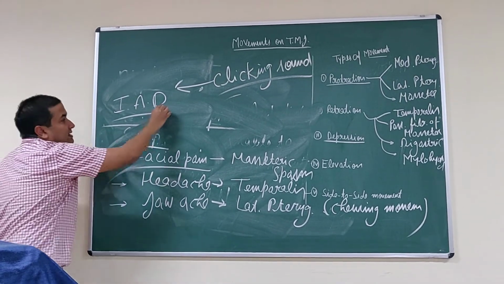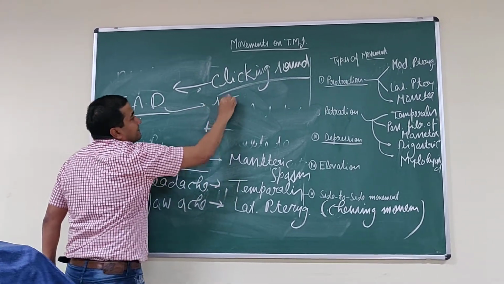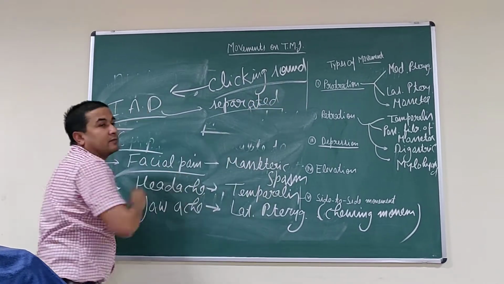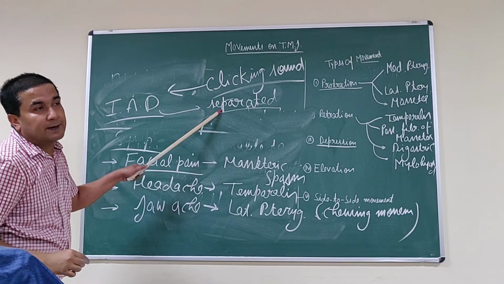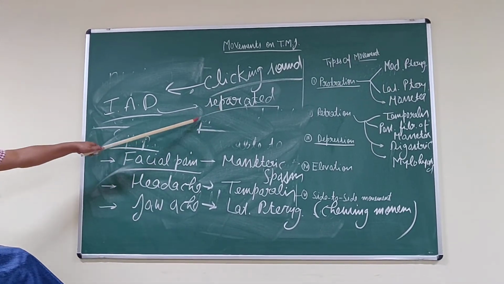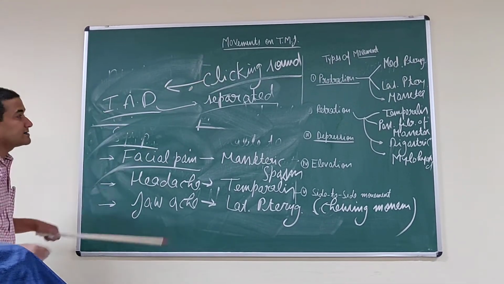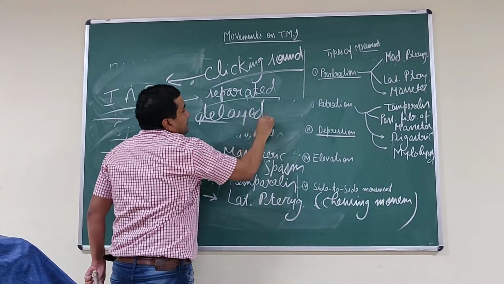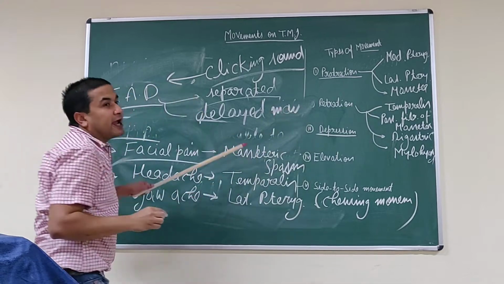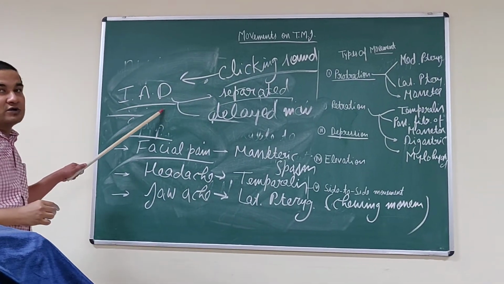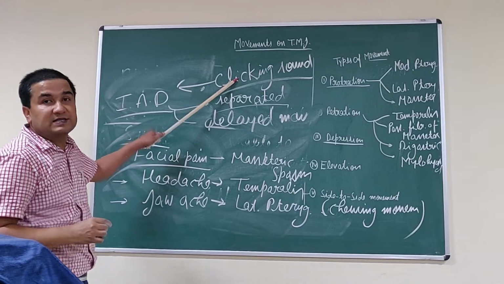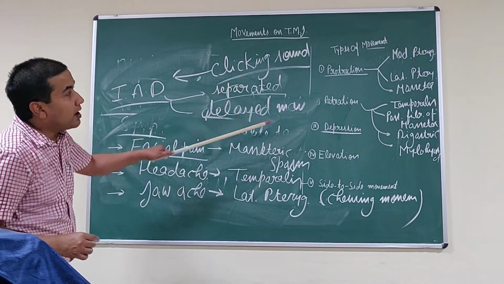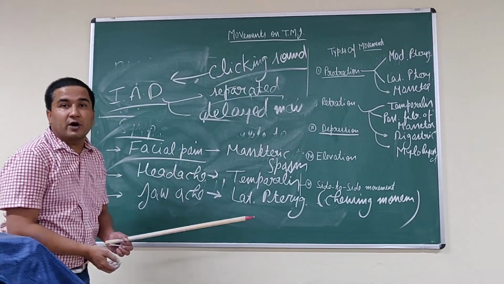The intra-articular disc, particularly the upper lamina, is separated from the squamotympanic fissure. Then this sound is heard, or sometimes there is delayed movement of the anterior part of this intra-articular disc. As a result, this clicking sound is heard at the time of movement. This is about the temporomandibular joint. Thank you.